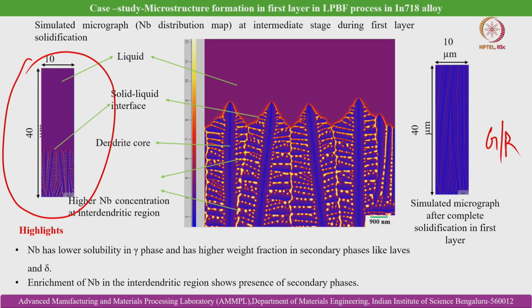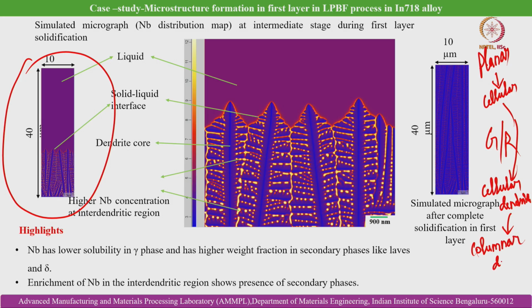Based on the G by R ratio, the microstructure transitions from planar at a very high G by R ratio to cellular, then with further decrease of G by R ratio to cellular dendritic, then to columnar dendritic, and further reduction makes the microstructure more random, in the form of equiaxed dendritic.